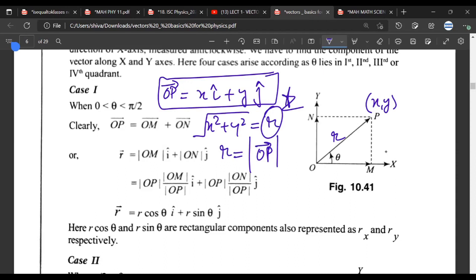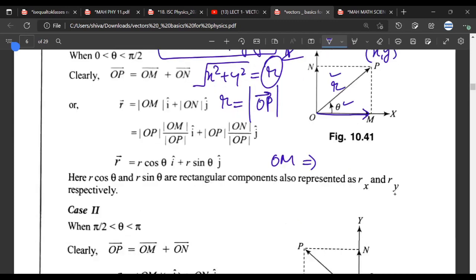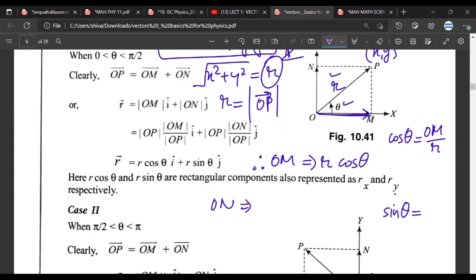Now what I want to do is write OM in terms of r and theta. Have you understood what I've said? Similarly, I want to write ON in terms of r and theta. It is pretty easy. Why? Because cos theta is base upon hypotenuse. Therefore, OM would be r cos theta, and sine theta is equal to perpendicular upon hypotenuse.